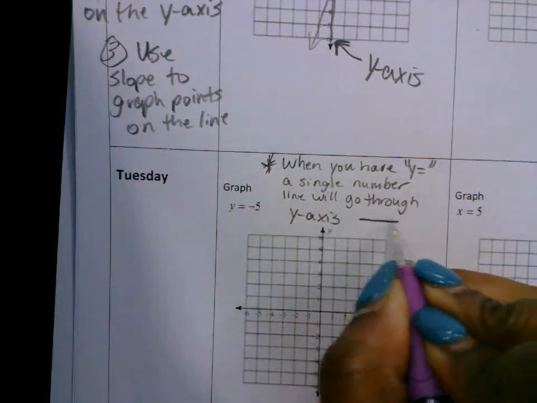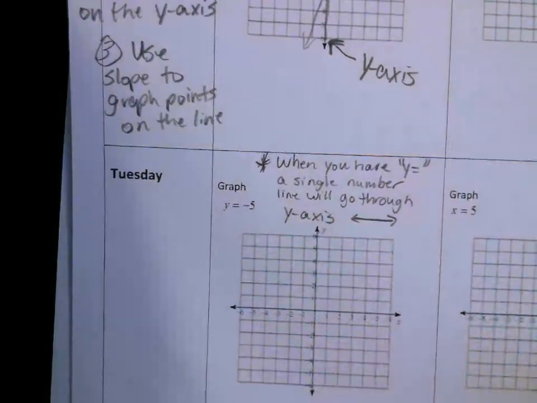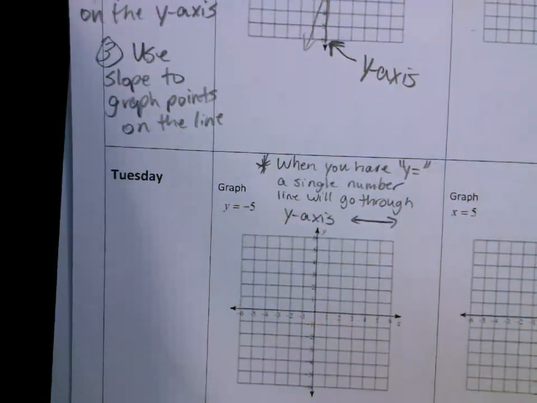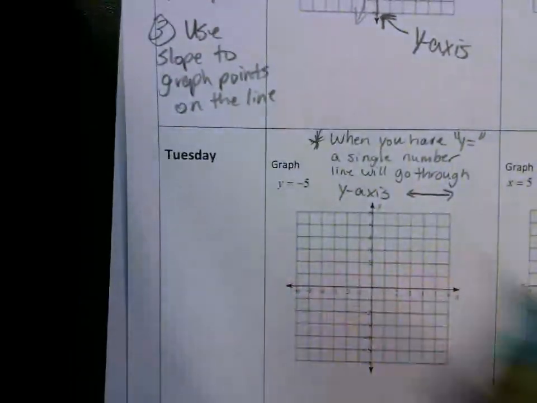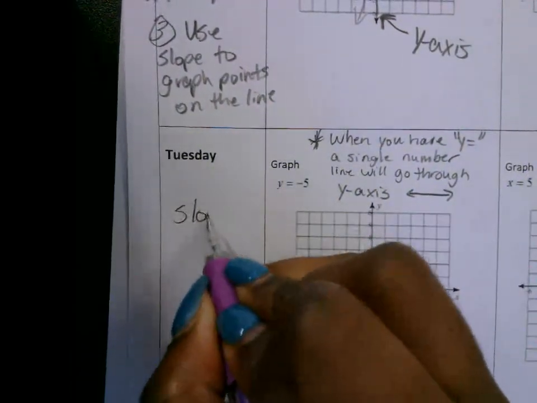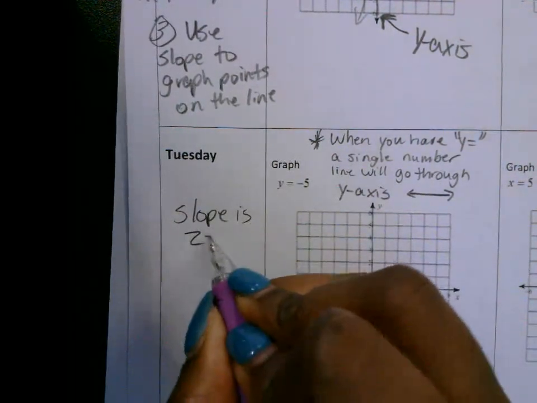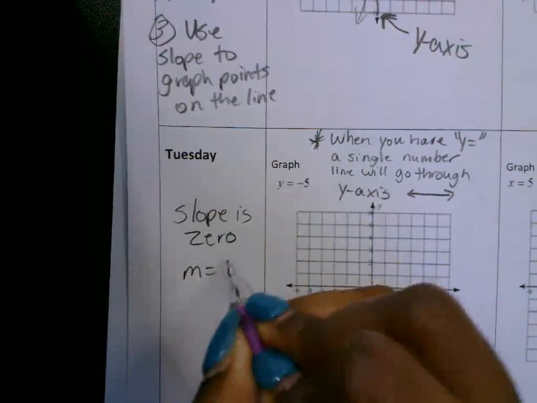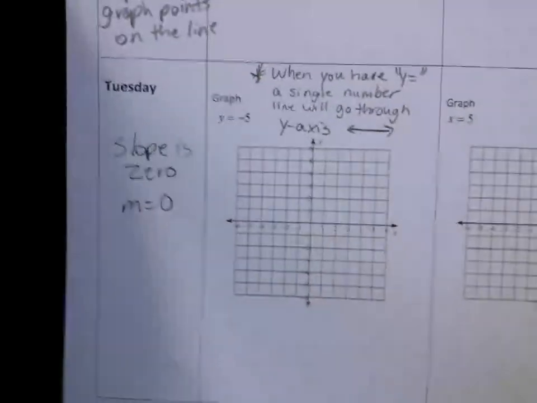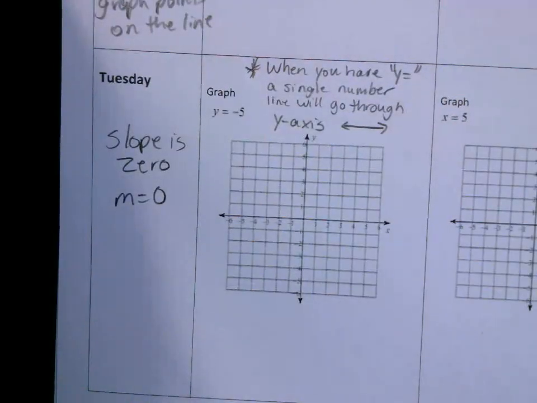It's going to be a straight line that goes through the y-axis. The slope for this line is going to be 0. Okay, the slope will be 0 for these types of lines. I'm going to pause for the calls.